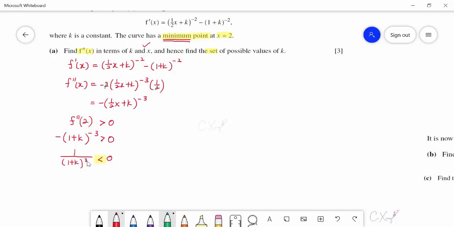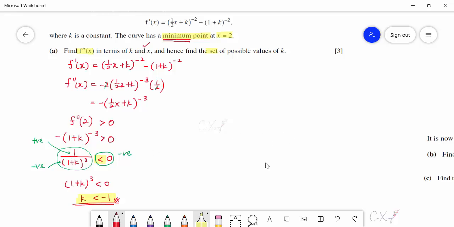We need to do some small analysis here. Smaller than 0 means that it is a negative value. They want us to have this term become a negative value. So this is positive, so a positive value needs to divide a negative value so that overall it will be negative. After this step, I can write like this: (1 plus k) power 3 should be a negative value, which is smaller than 0. So k will be smaller than negative 1. So this is the set of the possible values of k.